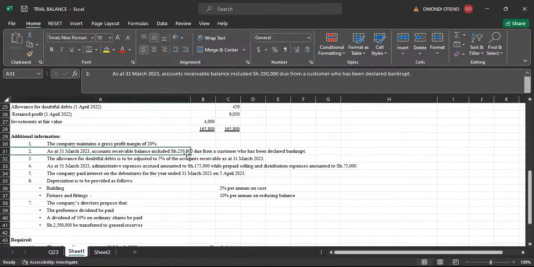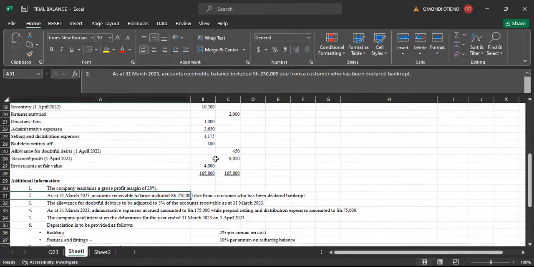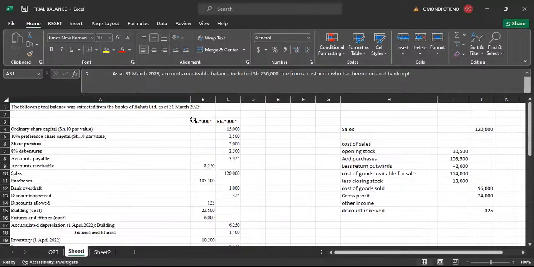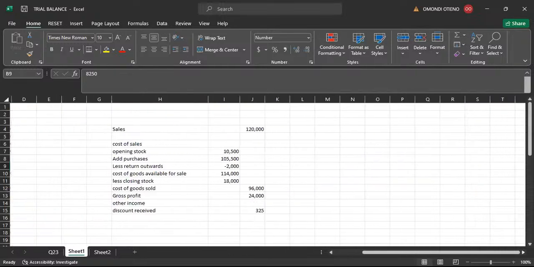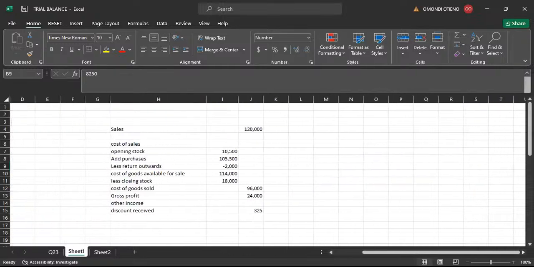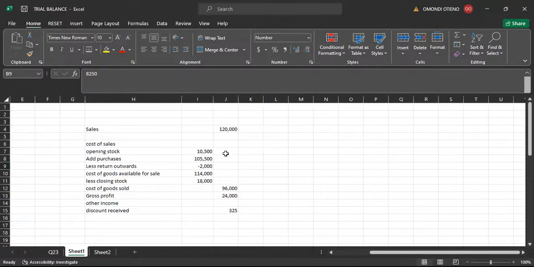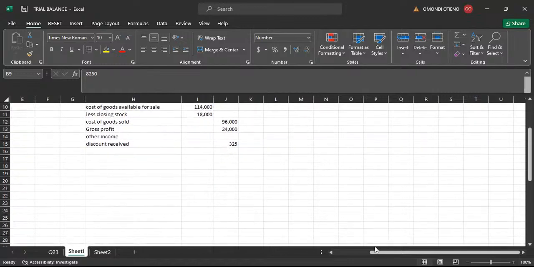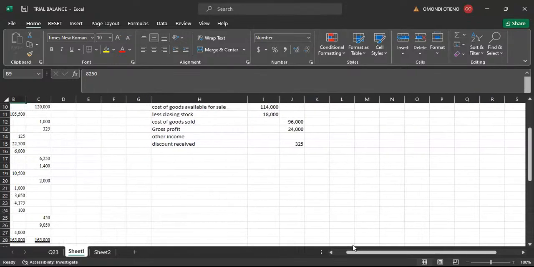Another thing that we need to take care of, these 250,000, remember up here, they're putting it in thousands. So if you're going to subtract it from the accounts receivable here, you don't subtract 250,000, you subtract 250 from 8250. So you can have T account or just do it directly. Whichever option you pick, you will still be able to calculate that.